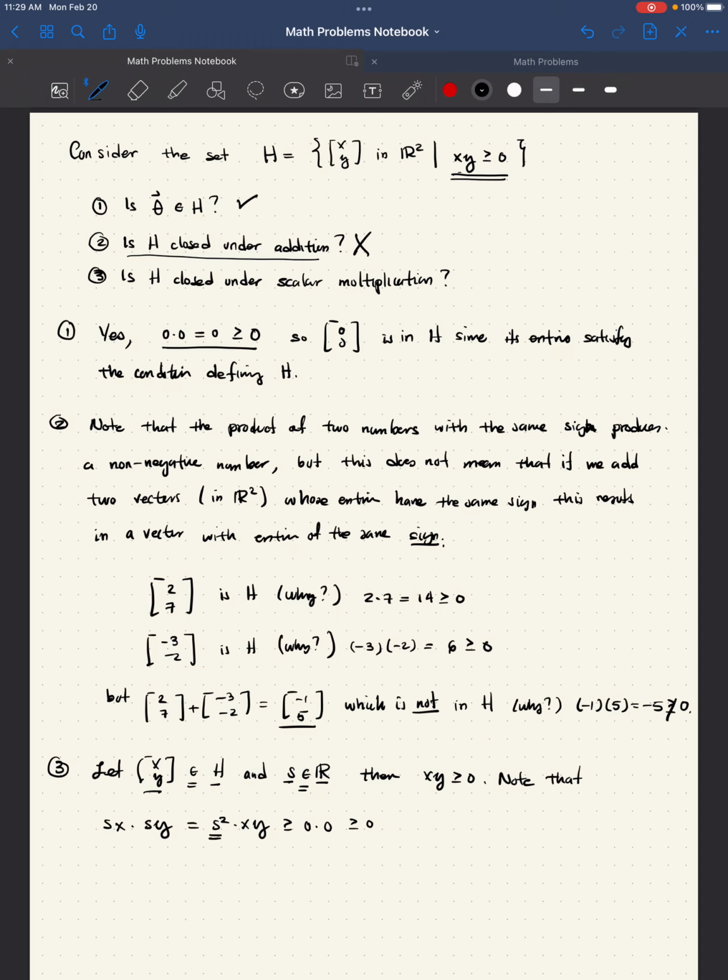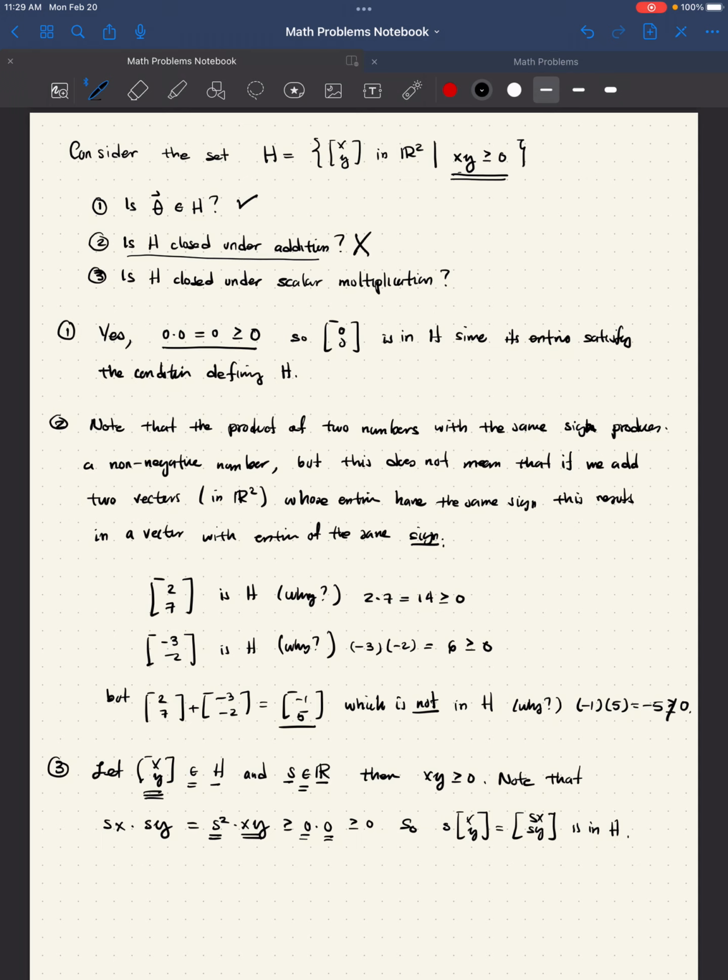Because the square of any real number is greater or equal than 0, and by assumption, x times y is greater or equal than 0. And the product of such numbers is greater or equal than 0. So s times (x, y), which is nothing else but (sx, sy), is in H.